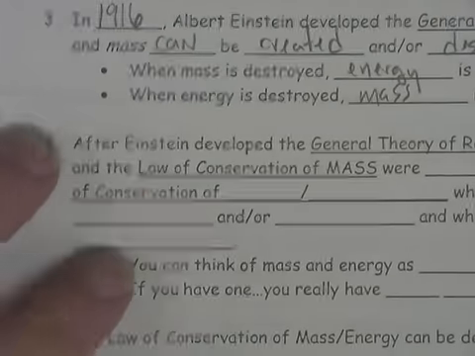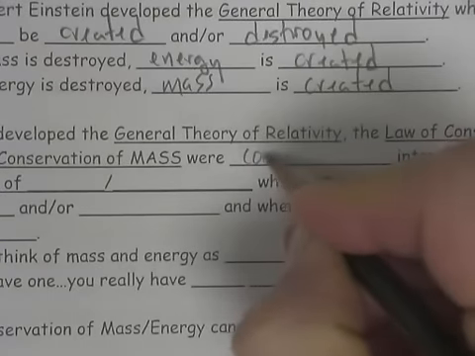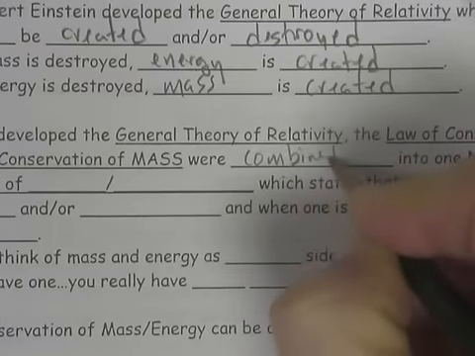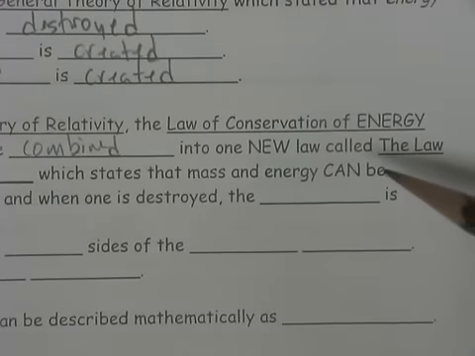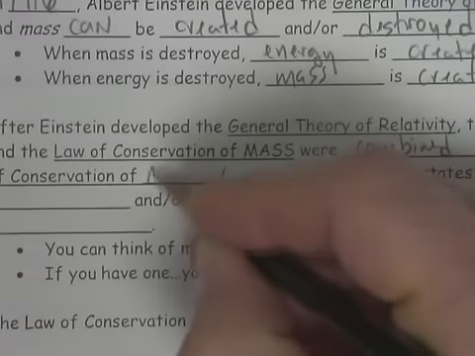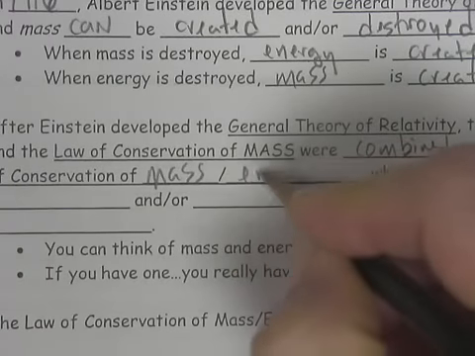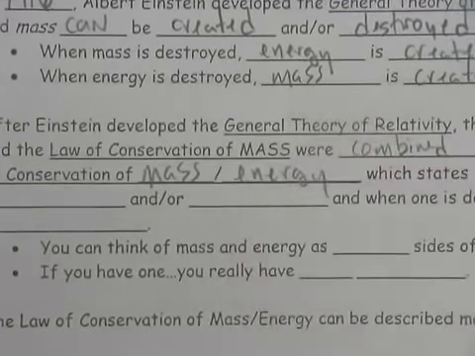After Einstein developed the general theory of relativity, the law of conservation of energy and the law of conservation of mass were combined. Those two laws that we talked about earlier, he put together into one new law, and we call that law the law of conservation of mass energy.